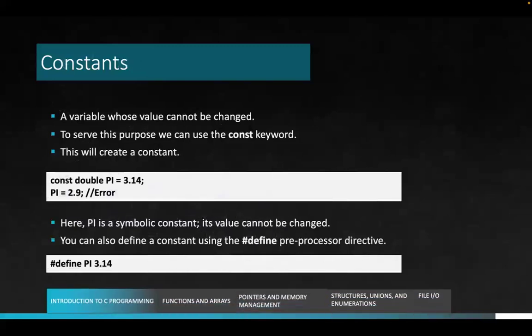Next is constants. A variable whose value cannot be changed. Let's say you are telling an apple is 10 rupees, and this apple is 10 rupees forever. Then a particular person buys 10 apples, another person buys 20 apples, another person buys 100 apples. If you want to bill them, then you need a calculator.